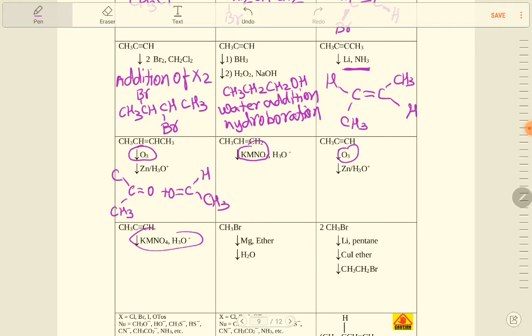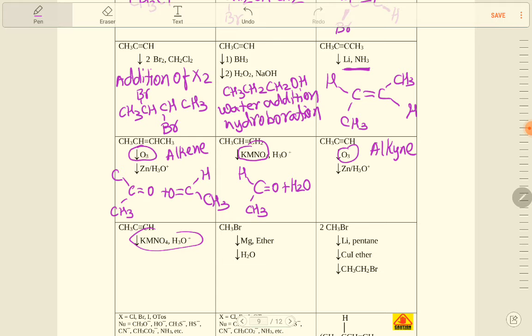This is KMnO4, oxidative cleavage with KMnO4. So that is C double bond O forms, but only one, and H2O byproduct. This is oxidative cleavage of alkyne. This is for alkyne. This is for oxidative cleavage of alkene.